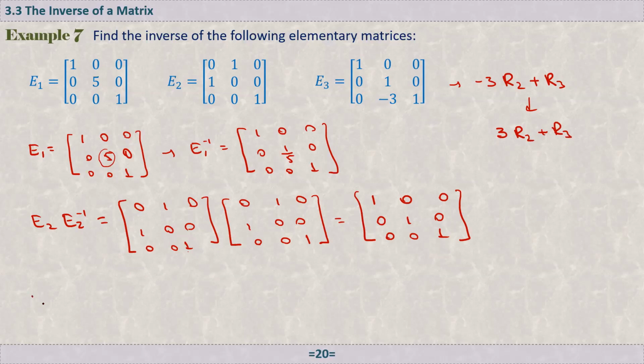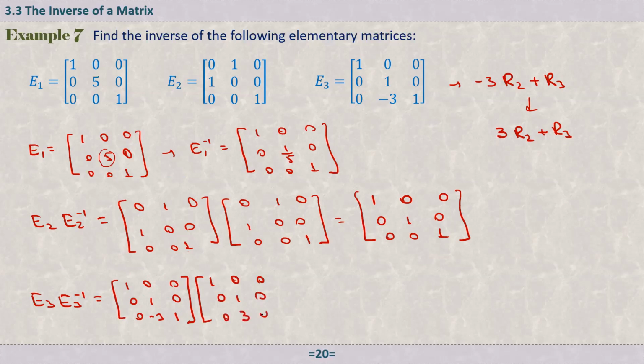So that means that here we have E3 and E3 inverse. E3 is, here we have 1, 0, 0, 0, 1, 0, 0, -3, 1. Okay, now here we will have 1, 0, 0, 0, 1, 0, 0, 3, 1.